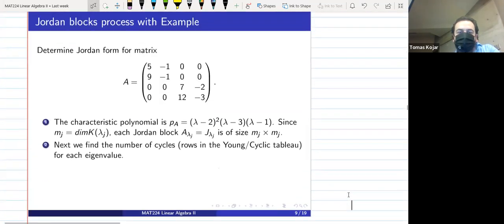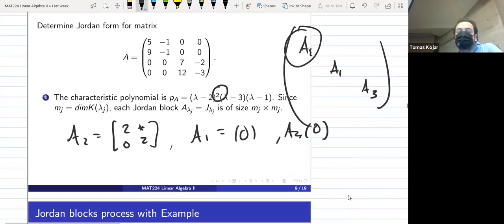All right. So yeah, the problem is we don't know if our map is. Oh yeah, question. Wait, you asked why A1 is 0?